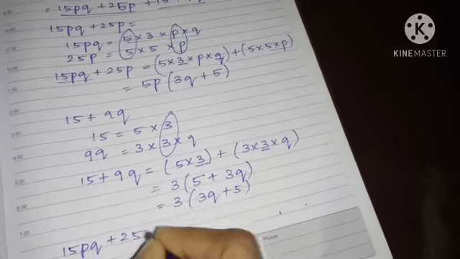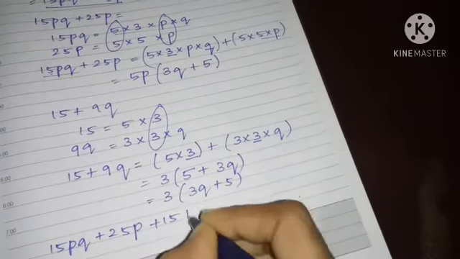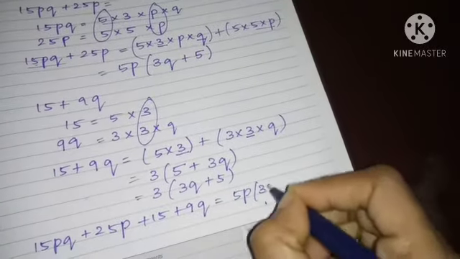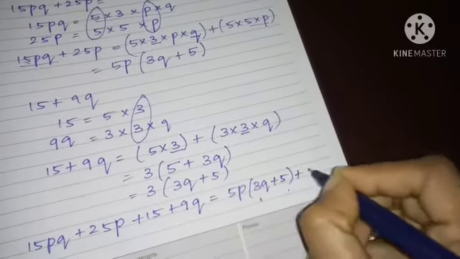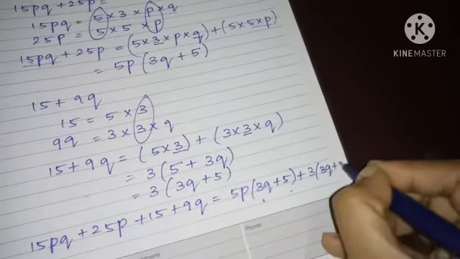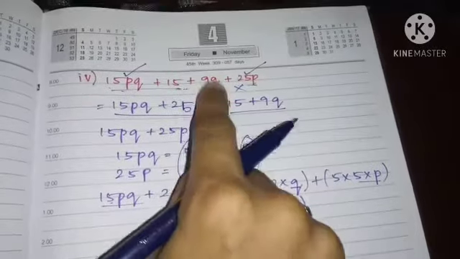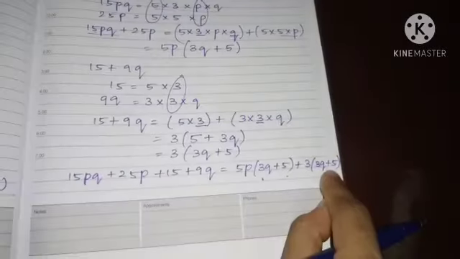15pq plus 25p plus 15 plus 9q is equal to 5p of 3q plus 5 plus 3 of 3q plus 5. See, only if you arrange these two together and these two together, you will get like this at last.